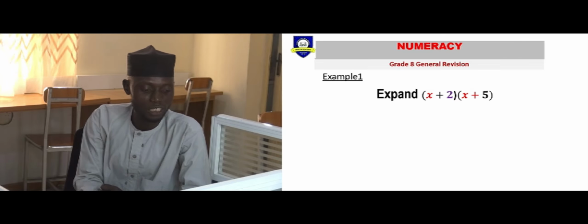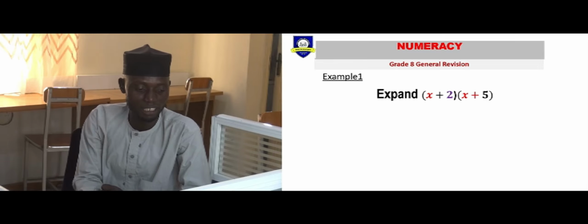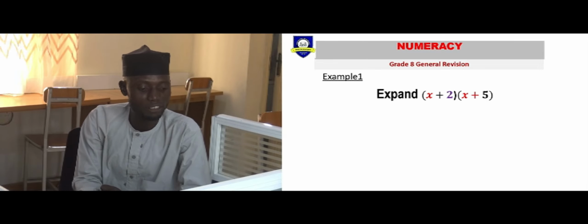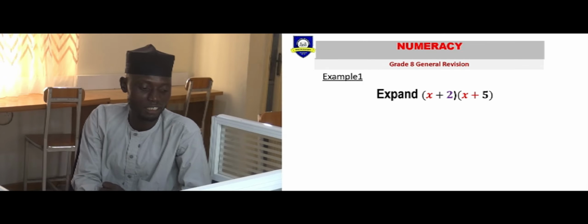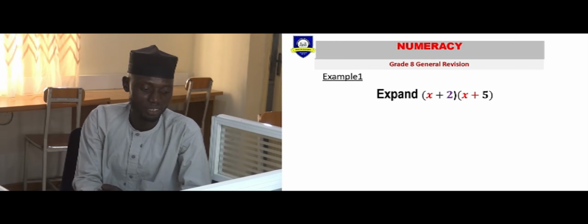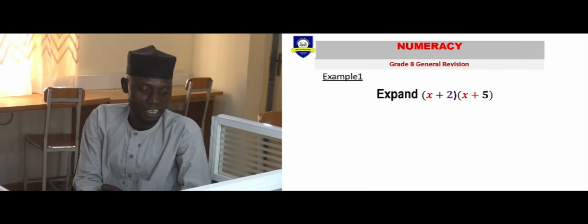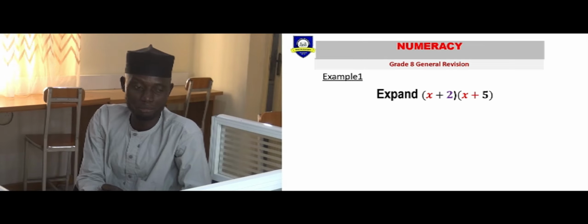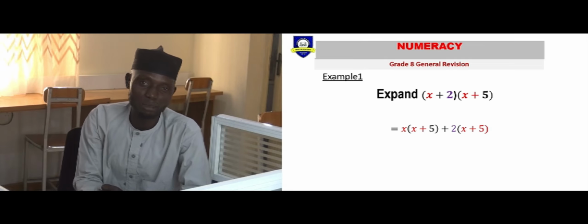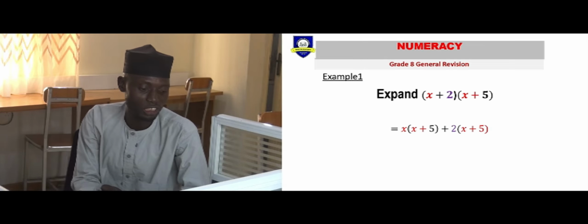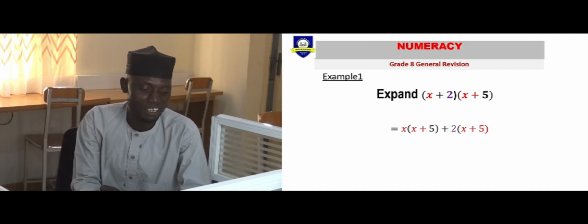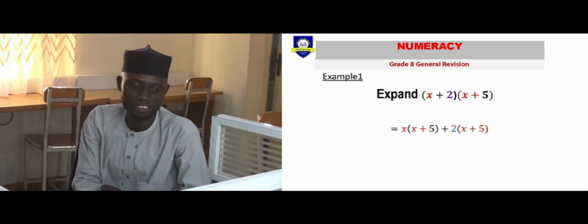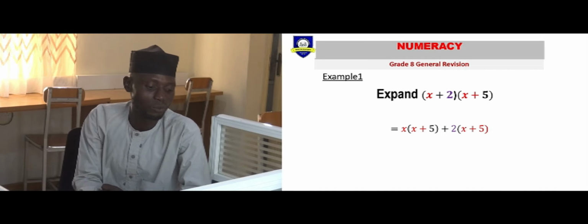After which, we take the second term of the first bracket, which is 2, multiplied by the whole content of the second bracket. What do we mean by this? This is how it looks. x in the first bracket is multiplied by the whole of the second bracket. The second term on the first bracket, which is 2, is as well multiplied by the whole content of the second bracket, and that is what we have on our screen.